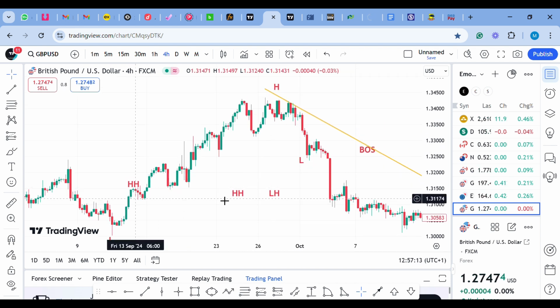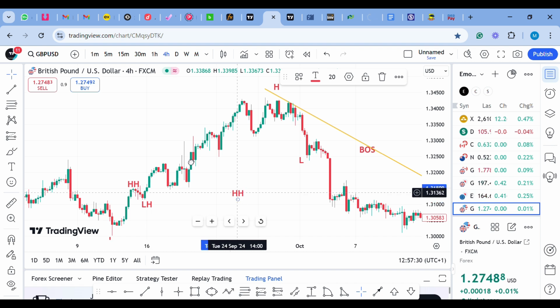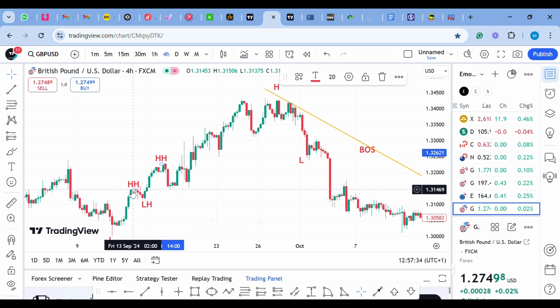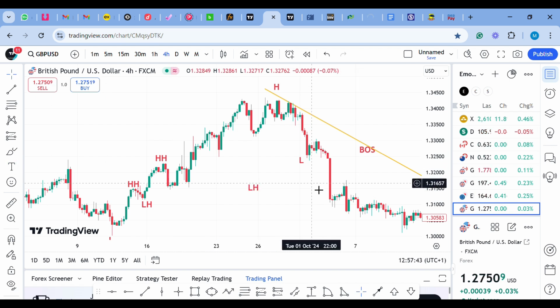So then the market came to create a correctional move, which is the lower high. This is the low, gave birth to an impulsive move, a higher high, that's higher than this previous high, and came back to give us a higher low and pushes up to give us a higher high here, and correctional moves, you understand, which gave us a lower high, sorry to say.